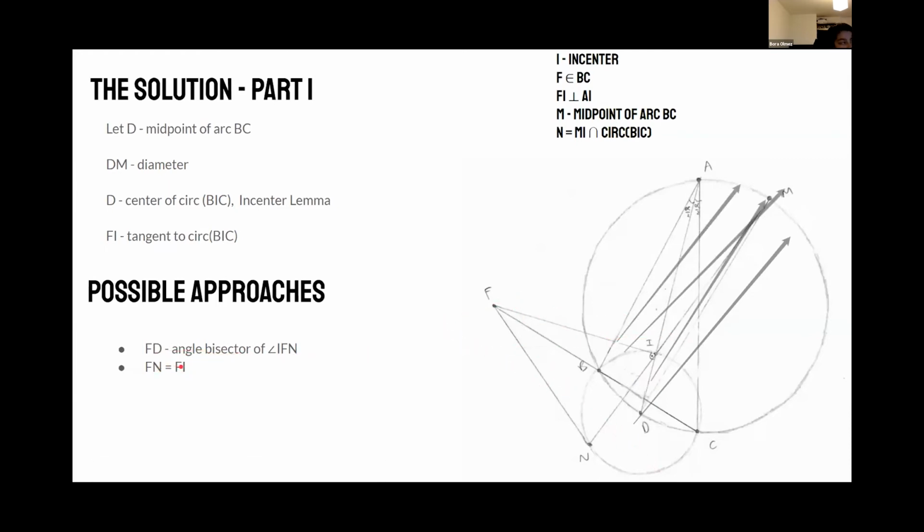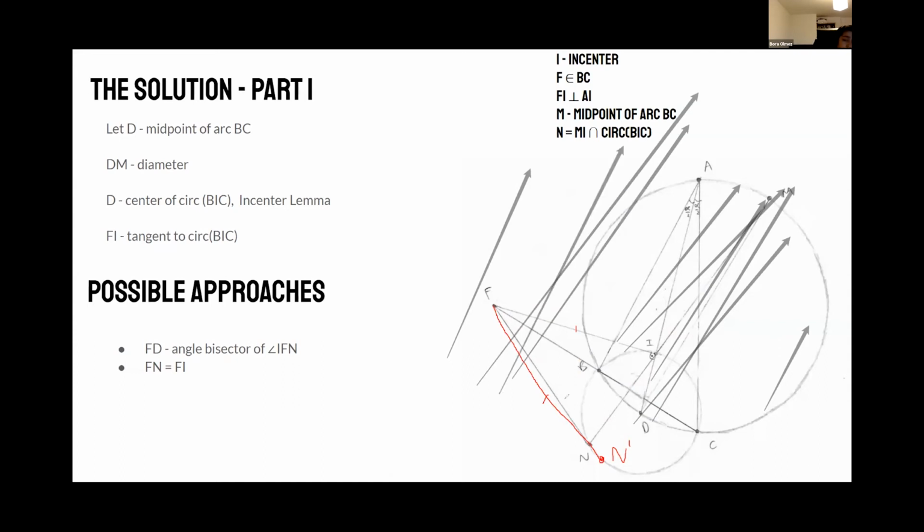If we assume that FN is not a tangent to this circle, then we can introduce N prime here, such that FN prime is tangent to this circle. But now FN prime will of course equal FI.